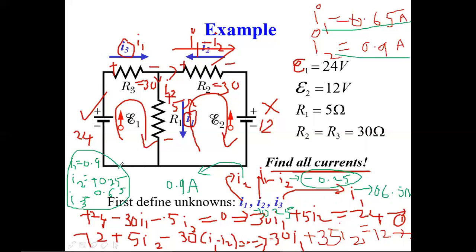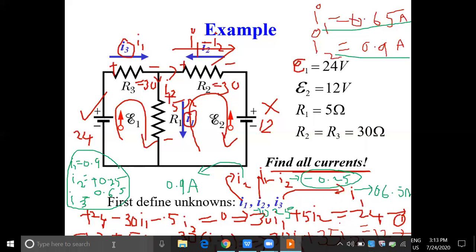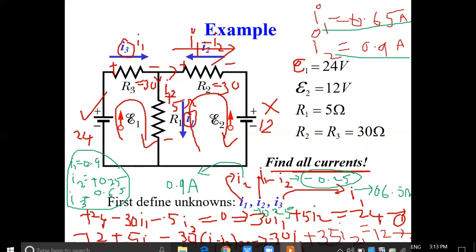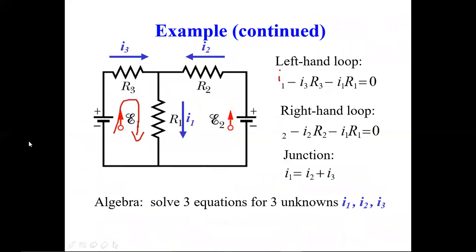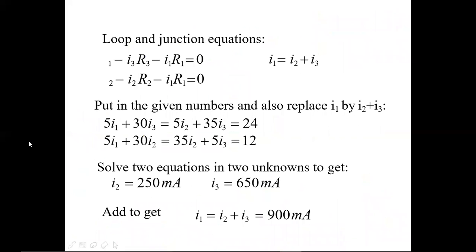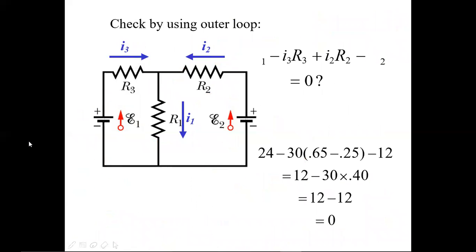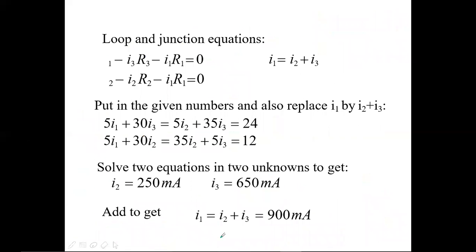Let me check. In this PPT, there is a different method. Some textbooks prefer that method also. But based on your method, you got the answers. Let me check whether your answers are correct or not. He followed a different way of analysis. See here, I1 how much? 250, right? 250 milliamps.